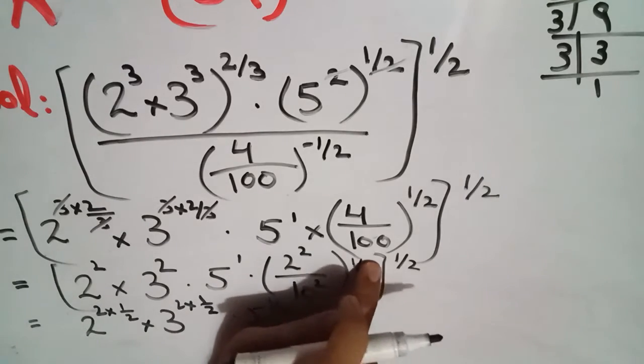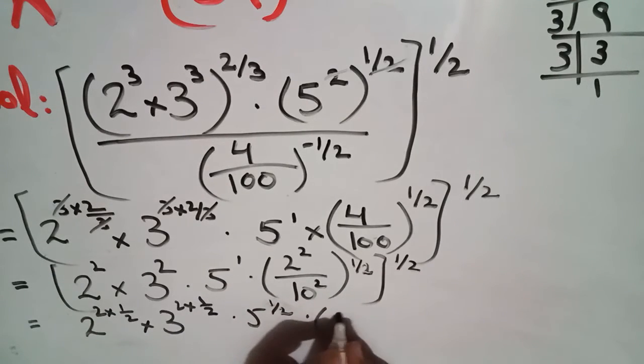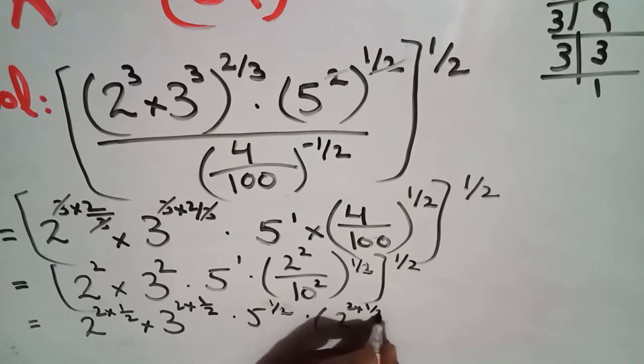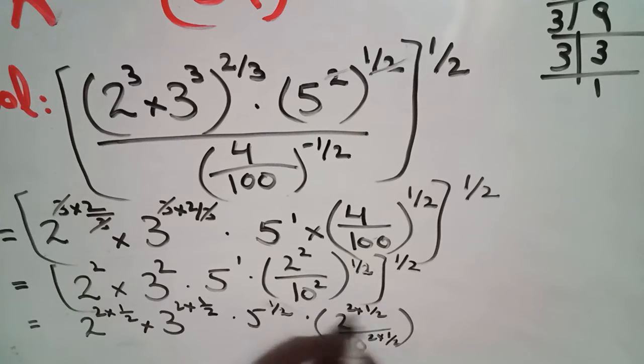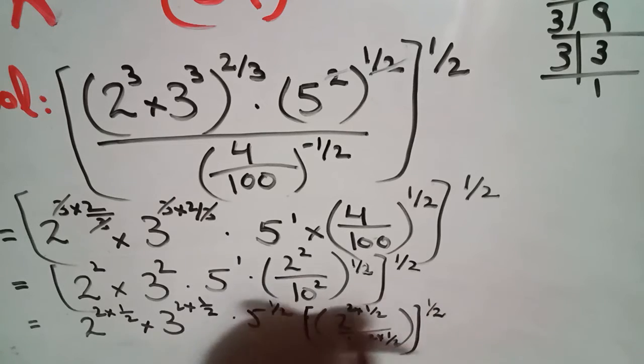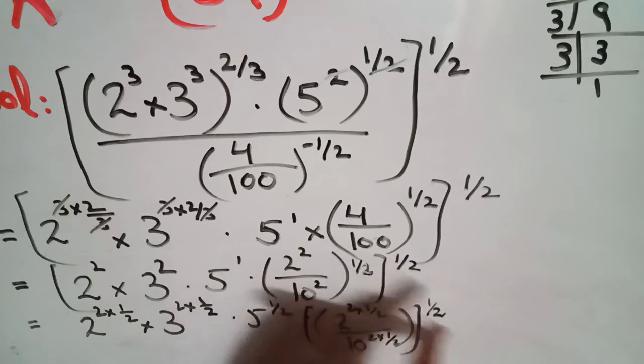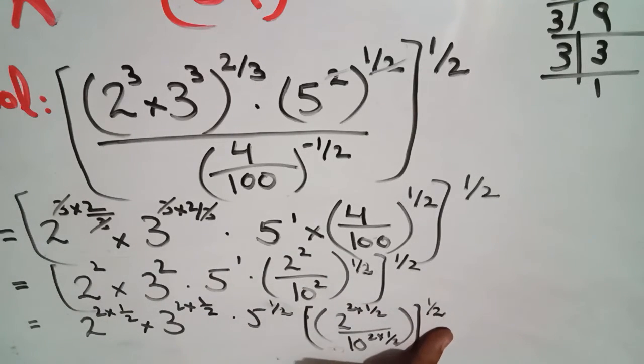So let me write the step for this one by simplifying it. 2 raised to power 2 multiplied by 1 by 2 over 10 raised to power 2 multiplied by 1 by 2, and it has the power 1 by 2 on the outside, because this 1 by 2 has multiplied with all these numbers but is not multiplied with this one. When this is solved, then we will solve it at the end.